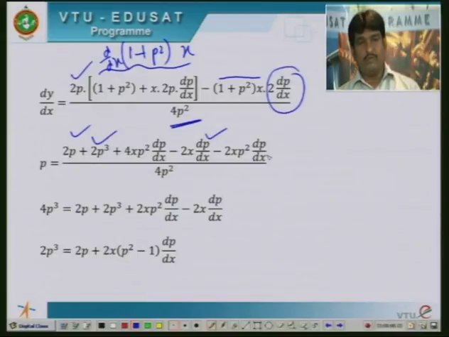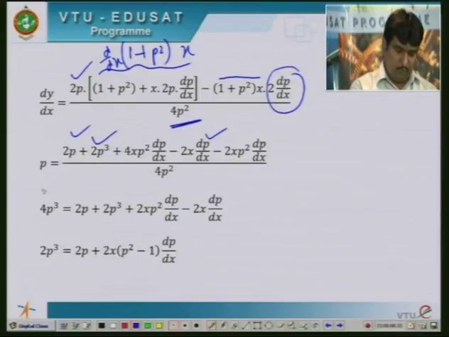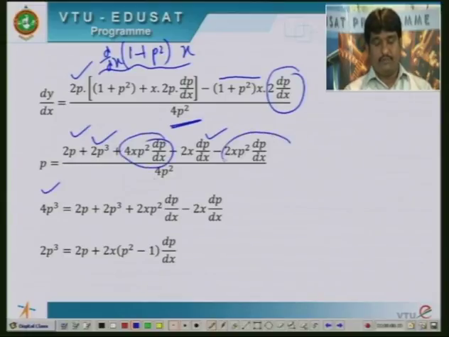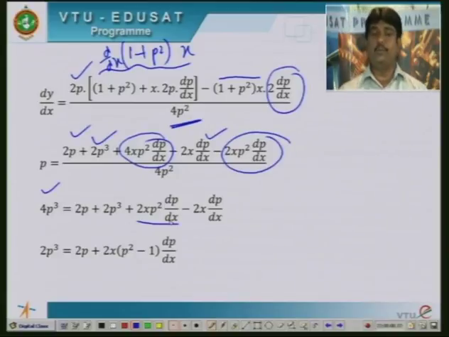Multiply throughout by 4p square to get 4p cube equals 2p plus 2p cube. You simplify these two terms. From the third and fifth terms we have 2x p square into dp by dx, this term as it is, minus 2x into dp by dx.